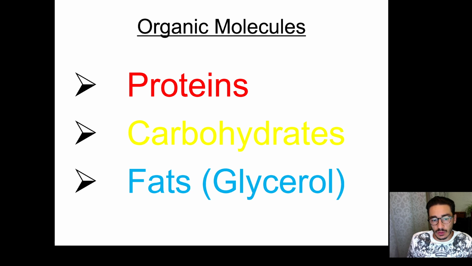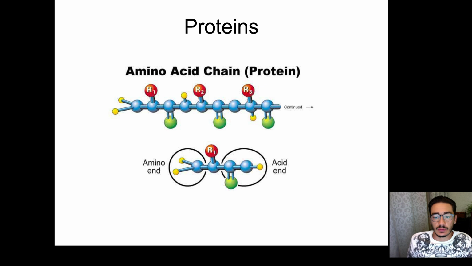So first we're gonna talk about the protein. I'm gonna explain what proteins are. First of all, proteins are one of the most important molecules. Those molecules are made from elements, and proteins are one of the most important components of your body.